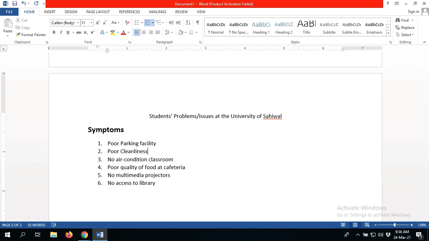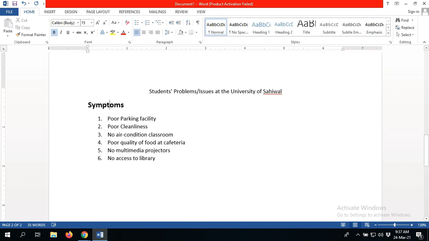For example, we were investigating the students' problems at the University of Saiwal. It means the most relevant individuals are students studying in different departments of the university. So we need to talk to the students enrolled in the University of Saiwal, and when we talk to them, we find these symptoms.